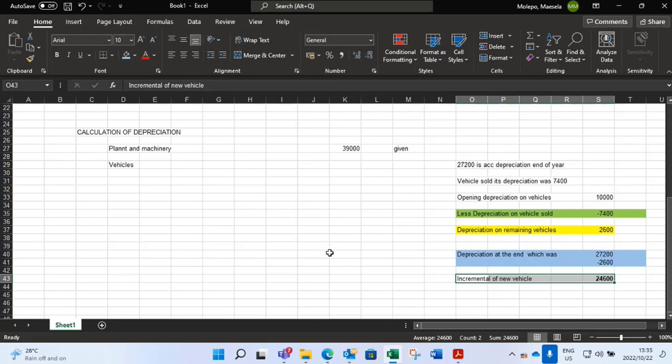So it would be the same with depreciation, to say we already have the 2.6 that was opening from the previous year. We're supposed to subtract it. Okay, no, I understand. So let's proceed.